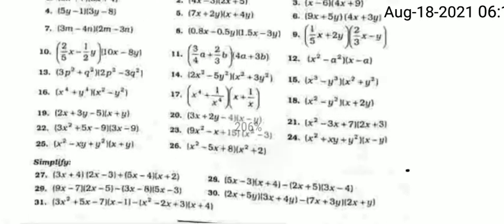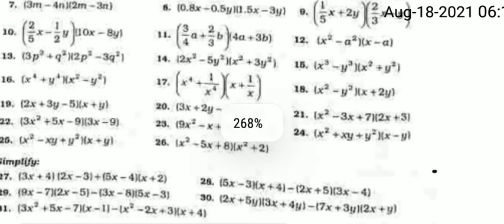Now next question, question number 18, the same type of question. Okay, question number 19, look here. The first one is a trinomial, 2x plus 3y minus 5, and the second one is a binomial. So we multiply 2x plus 3y minus 5 with x plus y.